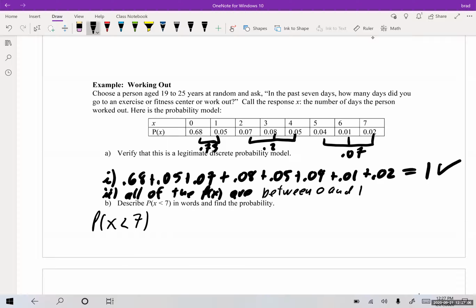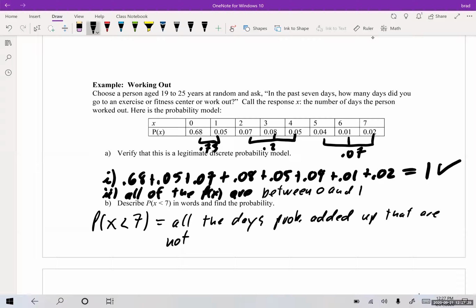Well, remember, X stands for the number of days they worked out in the last week, okay? So less than 7 means all the probabilities added up that are not 7 days working out.